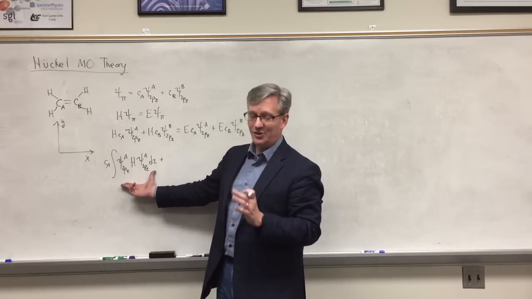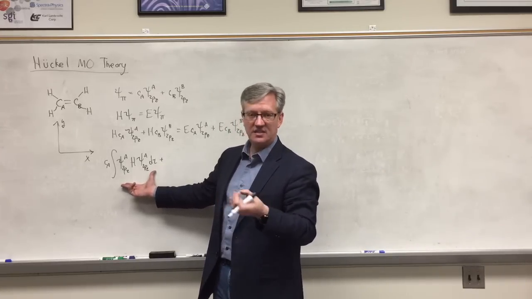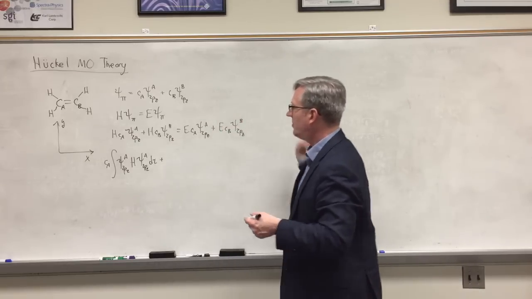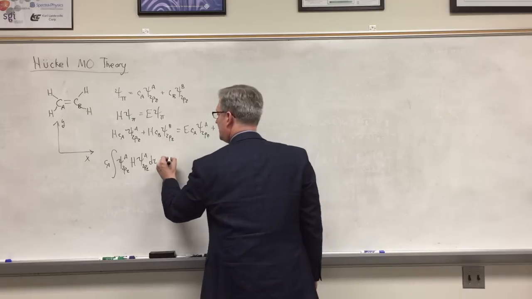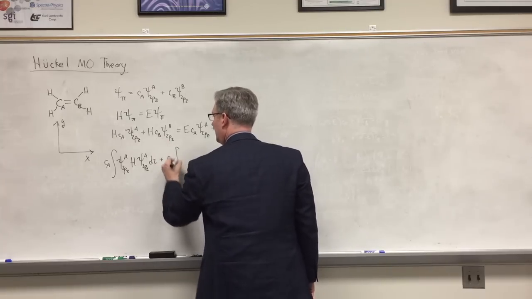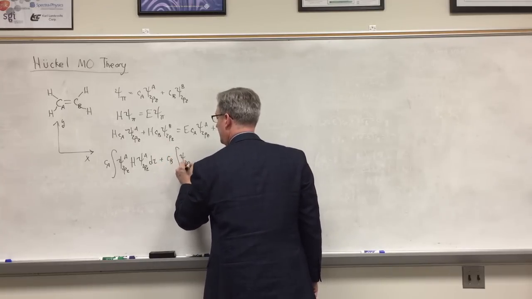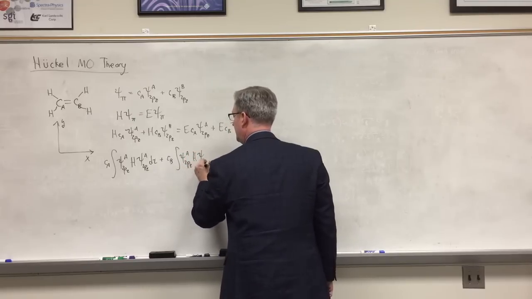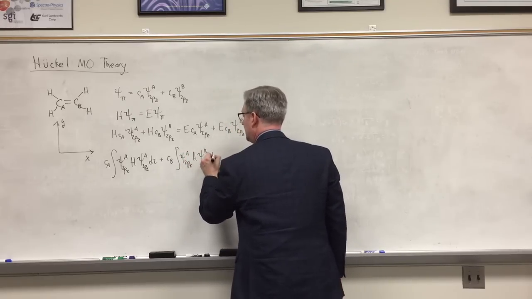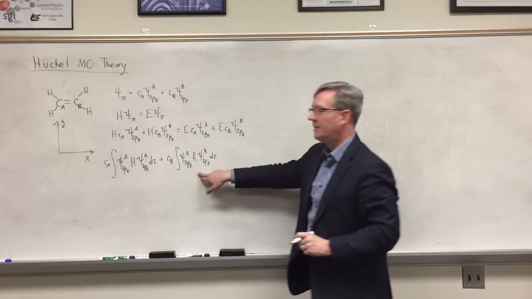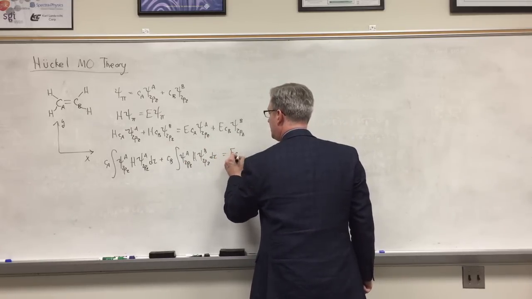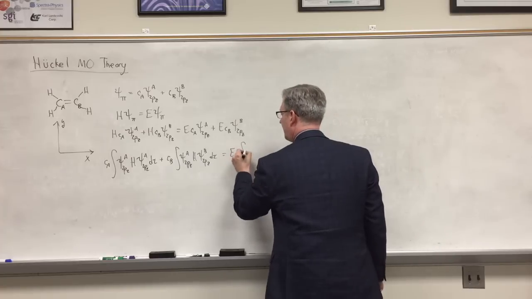Again, we're not really going to do this integral. We're going to assume it has some value that we're interested in later. Continuing through the remaining terms, I have a coefficient c sub b out front. Then the integral of psi 2pzA, Hamiltonian, psi 2pzB, d tau. There's my second term. Continuing on, for the third term, both E and c sub a are constants, so they can come out front.